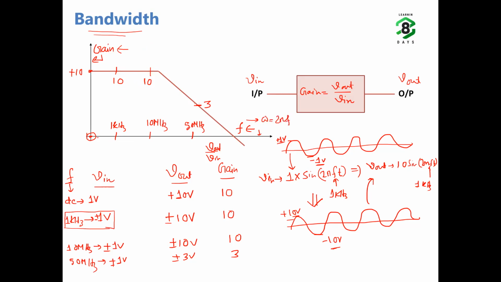But for simplicity, we can remember that there is an x-axis which defines the frequency, and a y-axis which defines the gain, and we plot the gain. So that's the first step before we go to bandwidth, and that's how we plot the transfer function, which is nothing but the gain function, that is output by input voltage of the system.